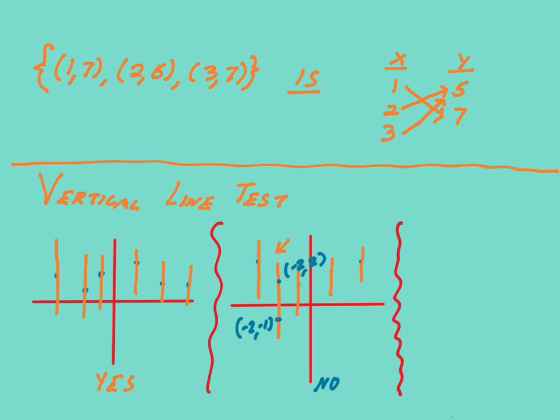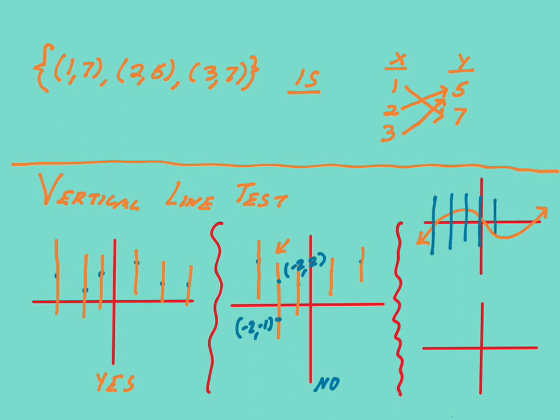Now we can also look at it from the standpoint of just some continuous graphs. So let's say we had this function. This is a function because each vertical line touches the curve only once.